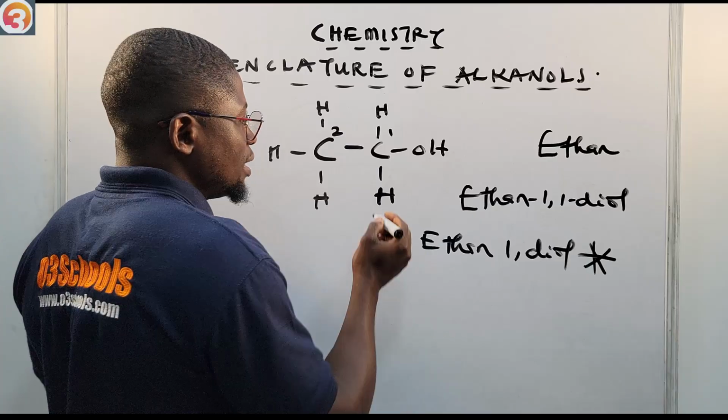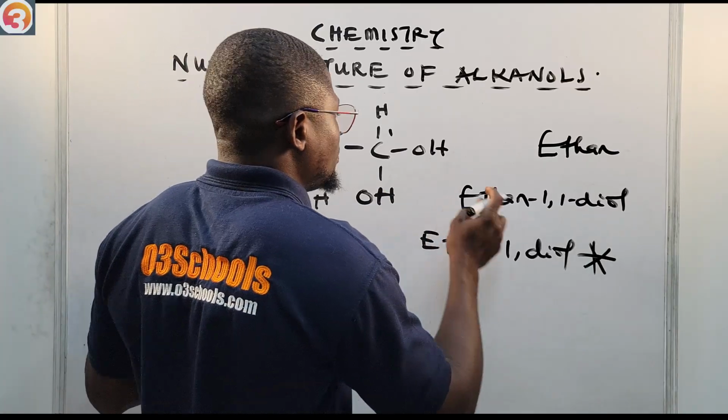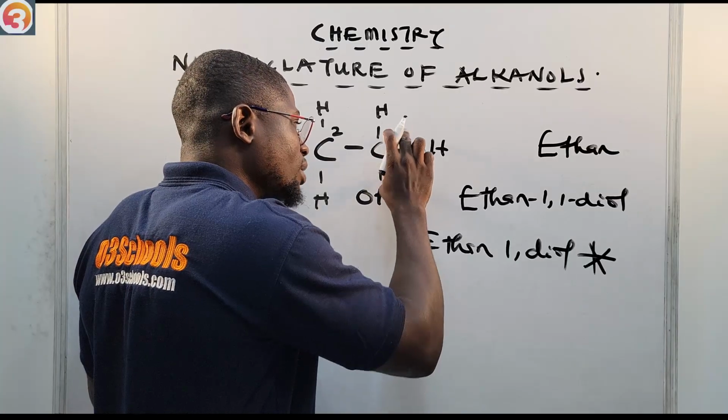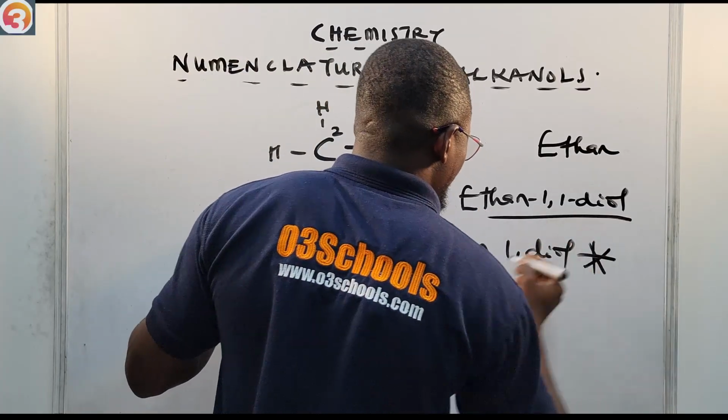So we put 1,1 to denote that both of the OH groups are on the first carbon. Then our diol becomes very easy.